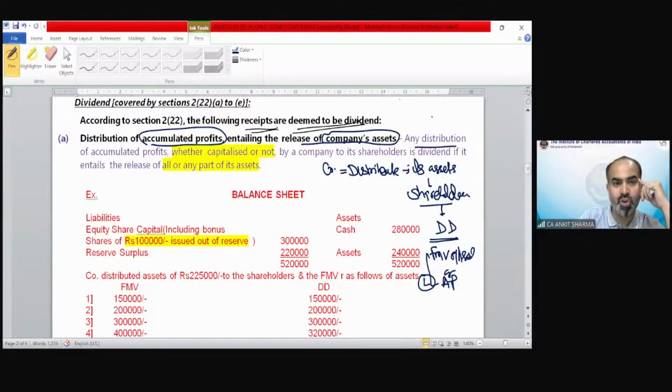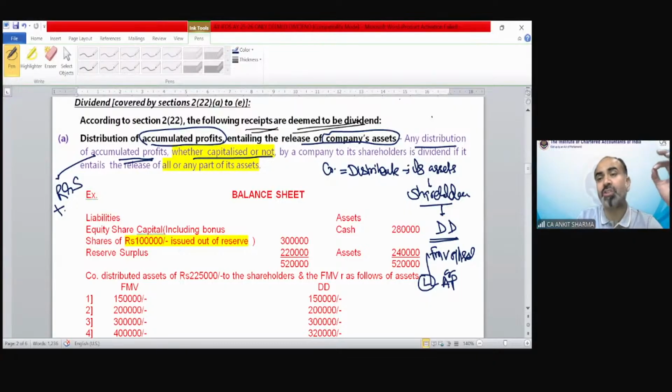So what is the meaning of accumulated profit? Reserve and surplus, whether capitalized or not. So if you have utilized your reserve and surplus earlier for the purpose of issue of share or you have capitalized it, that will also become the part of accumulated profit. Do not worry, we will understand after solving this example.